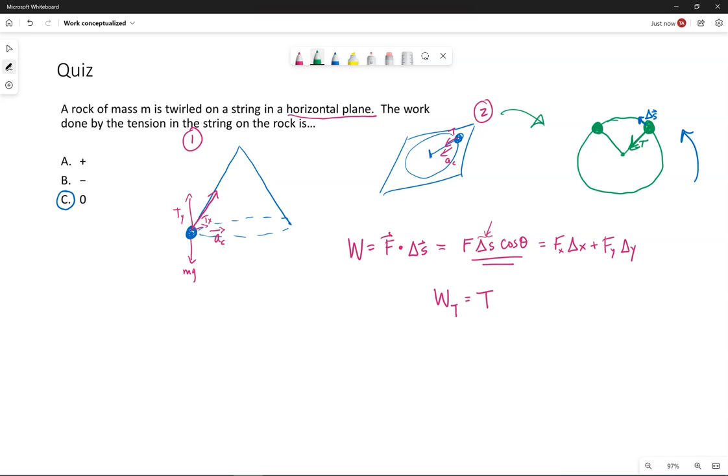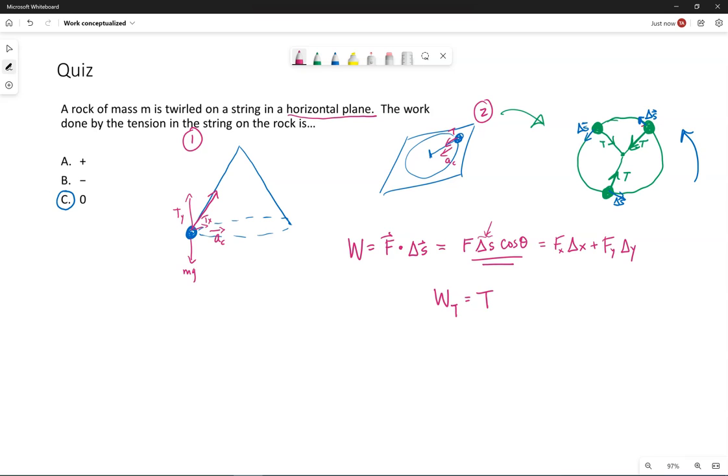So if I'm talking this next moment, tension still points towards the center, but delta S is tangent to the circle. I could continue drawing this all the way around. Tension will always point towards the center. Delta S will be tangent to the circle.